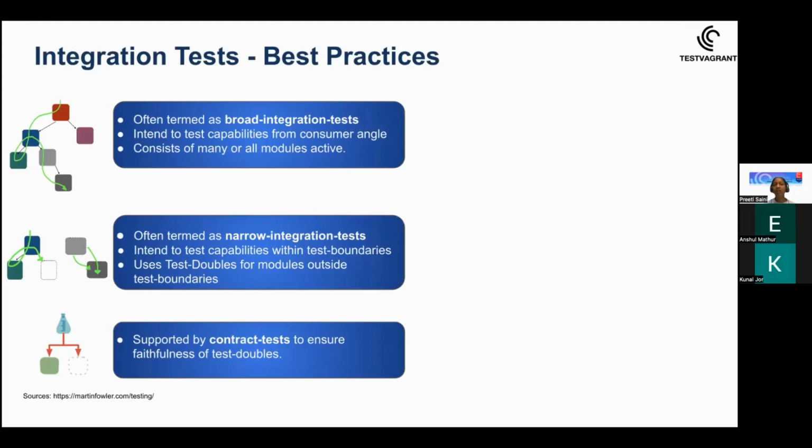So now moving on to the next part, right? How does the contract test actually help us? With what we have been discussing, with these broad integration tests and narrow integration tests, we use a lot of stubs for external clients, right? To ensure that our stubs are in sync with the contracts that have been agreed before, the contract test complements here, right? So even if we question that, how do I get confidence if I'm using a lot of stubbing and I am creating all the requests and responses that need to be sent out by these stubs?